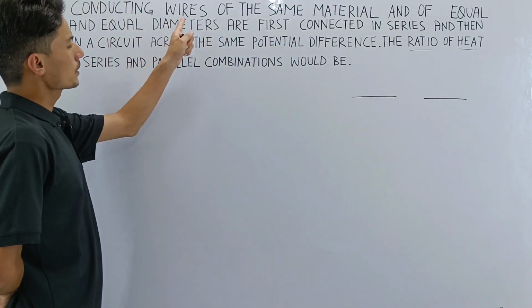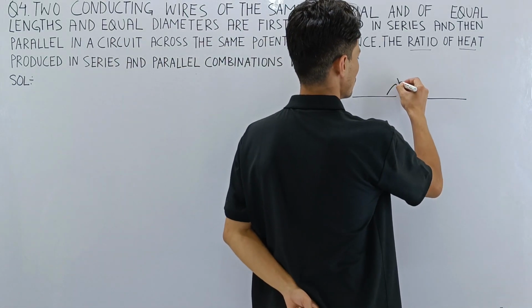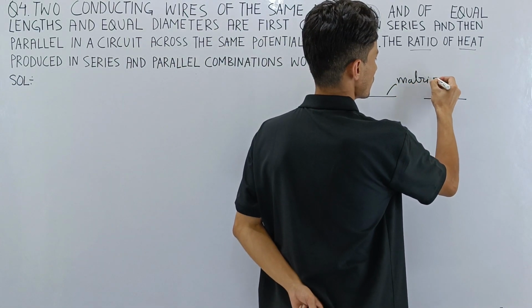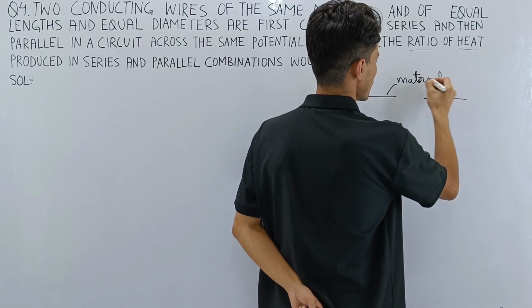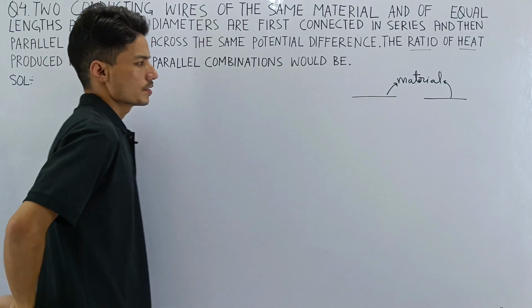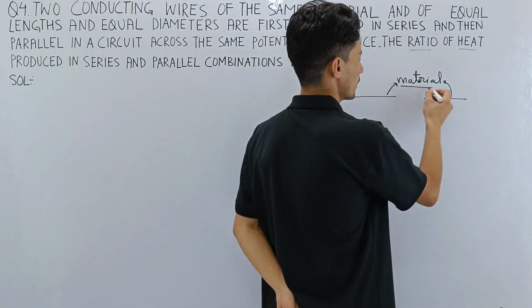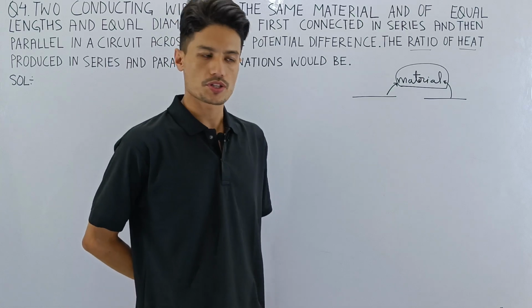So we have two conducting wires of the same material. They are made from the same material. Now this word material is a very important word which they have used in this numerical question.